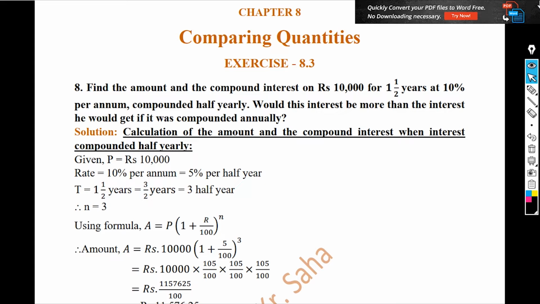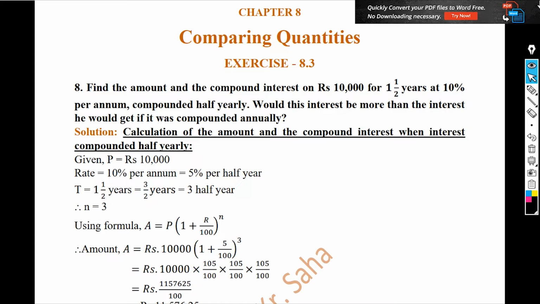Then first case, you have to calculate half yearly, means twice in a year, and in second case you have to compound it annually, and then you have to find in which case, in first case or in second case, the interest is more. Would this interest be more than the interest he would get if it is compounded annually?